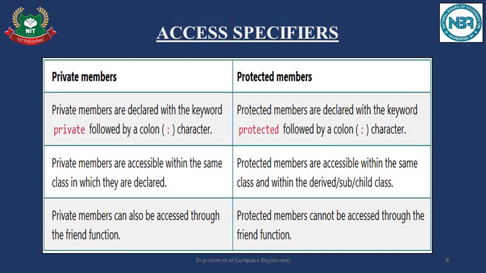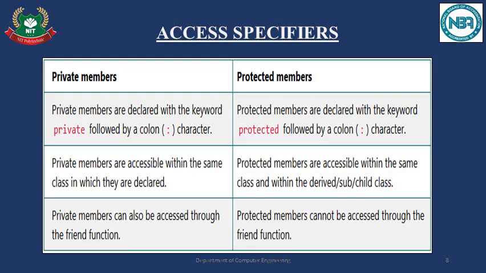The first point tells that private members are declared with the keyword private. So whenever we need to define any data member or member function as private, we have to use the keyword private followed by a colon character.